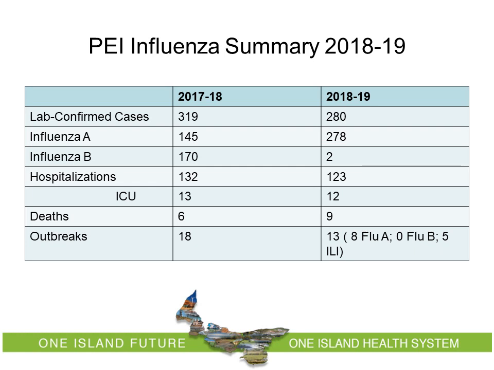The majority of lab-confirmed cases in 2017-18 were B strain, and 99% of the cases in 2018-19 were influenza A. There were 13 outbreaks reported. 8 of them were attributed to influenza A, none to B, and 5 were influenza-like illness. This is where there is no confirmed A or B.